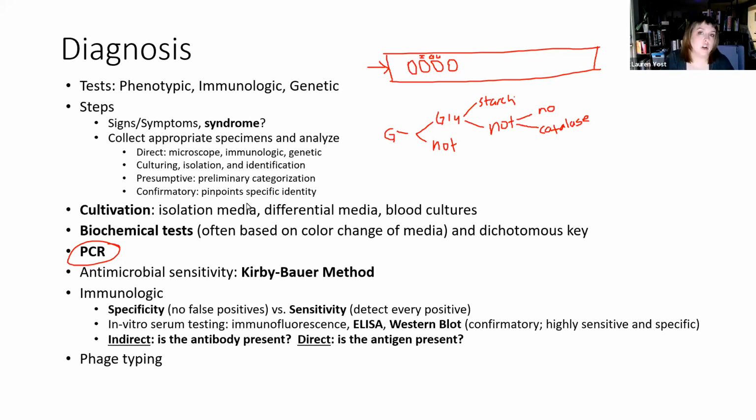Okay. Antimicrobial sensitivity, that can actually be used for identification as well as trying to figure out what antibiotic to treat your patient with. We know about treating the patient and how you might want to use the Kirby-Bauer method to determine what antibiotic your patient's organism is most susceptible to. But some bacteria might be more sensitive than others, and you might want to know if it's MRSA versus a typical staph, or a worse form of staph than MRSA, more resistant than even that, and all of that. So a Kirby-Bauer method is a way to help you differentiate that.